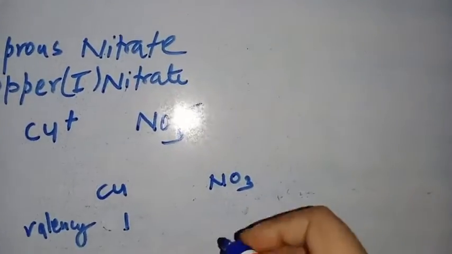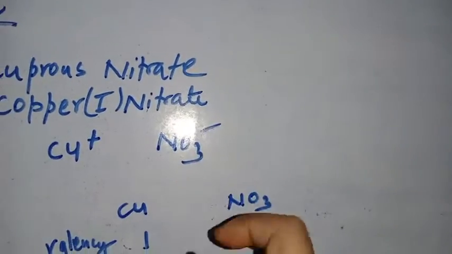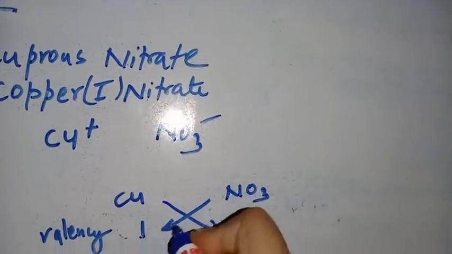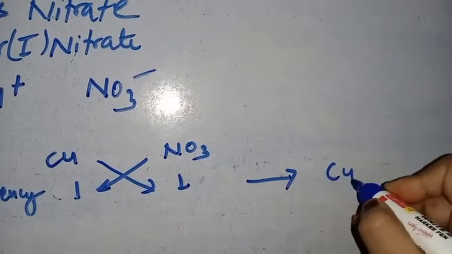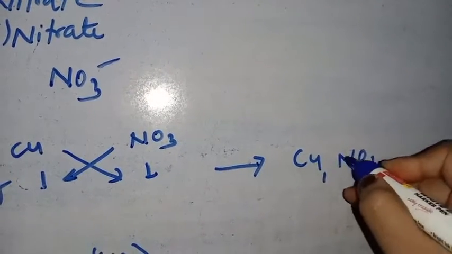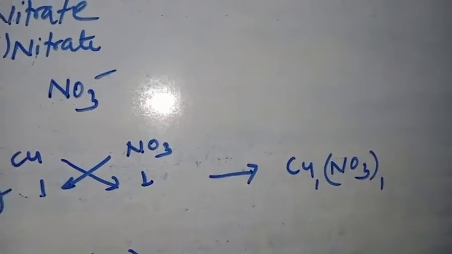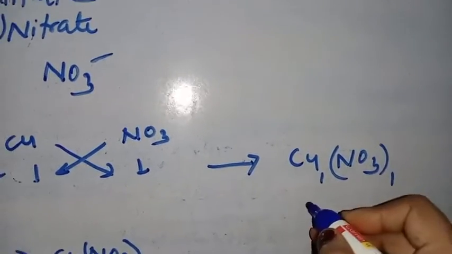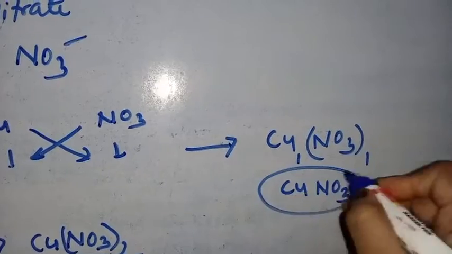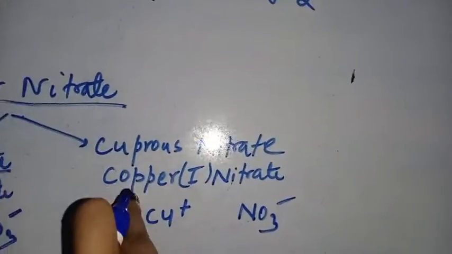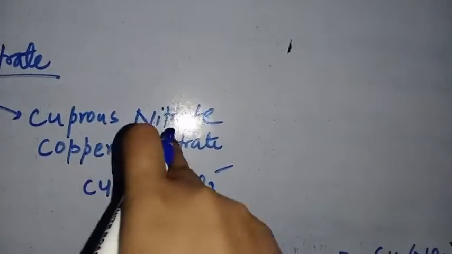Nitrate also has valency 1. When we criss-cross it, we get the formula Cu1 NO3 1, which can be written as CuNO3. So this is the chemical formula of copper 1 nitrate or cuprous nitrate.